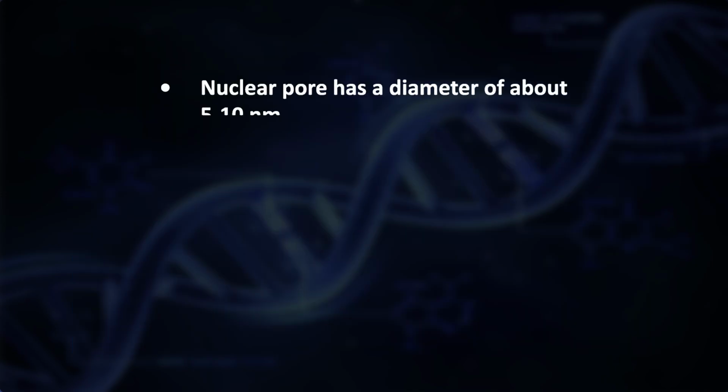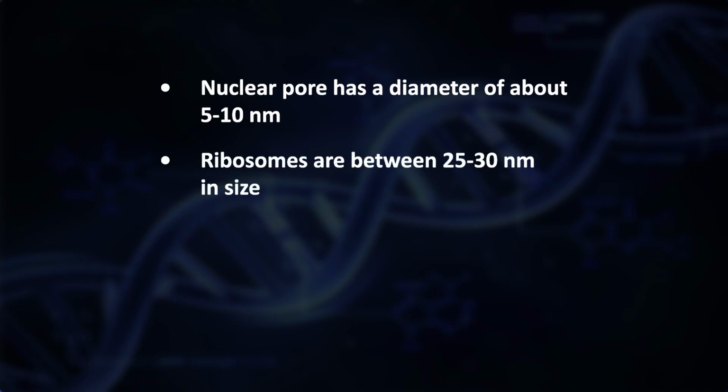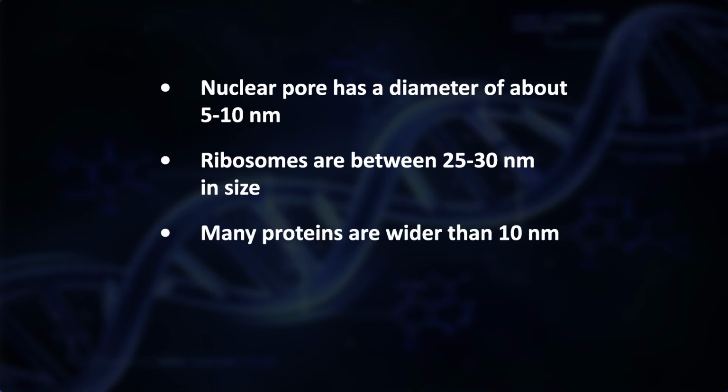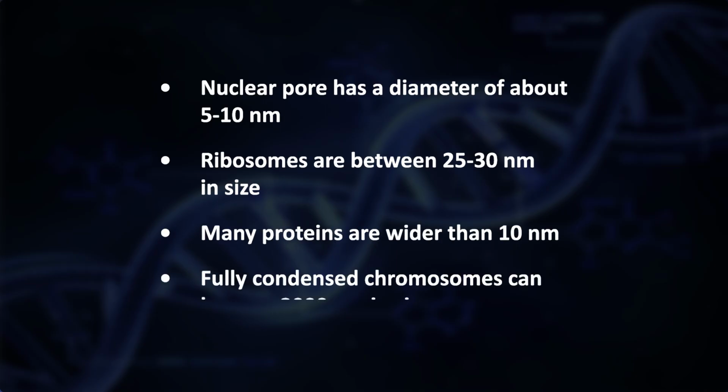While the nuclear pore has a diameter of about 5 to 10 nanometers, ribosomes are between 25 to 30 nanometers in size. Many proteins are wider than 10 nanometers, and fully condensed chromosomes can be over 2000 nanometers in size. Therefore, the primary machinery for protein synthesis cannot enter the nucleus and a stretch of DNA cannot exit the nucleus.